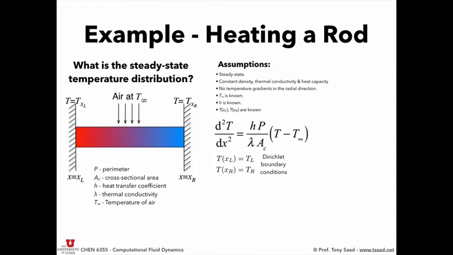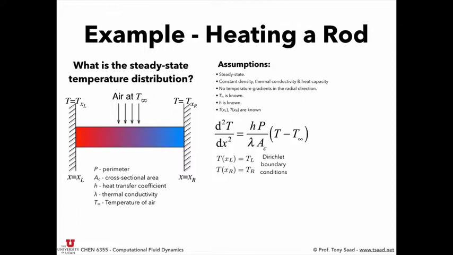The second derivative of the temperature is equal to the rate of heat transfer to the environment: h, the heat transfer coefficient, P, the perimeter of the rod, lambda, a diffusion coefficient, and A_C, the cross-sectional area of the rod, times T minus T infinity.